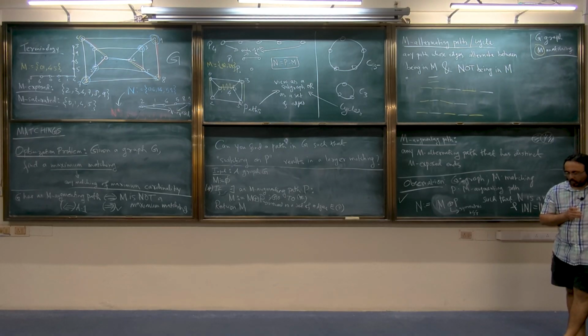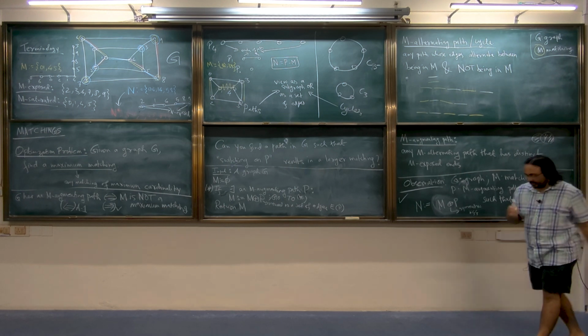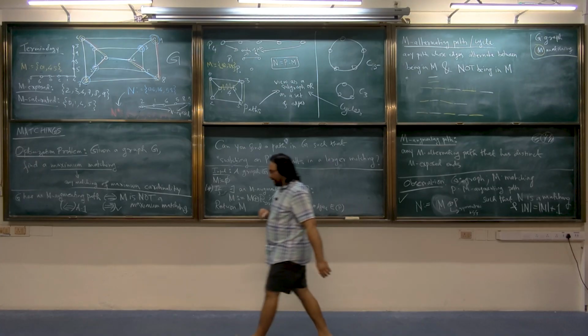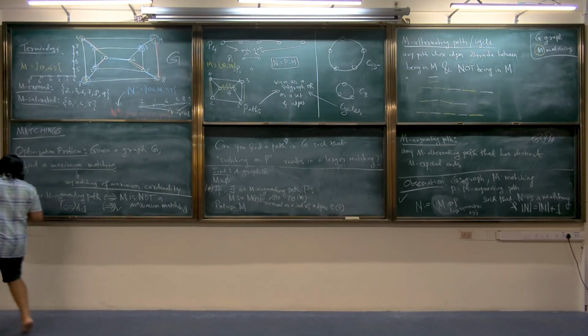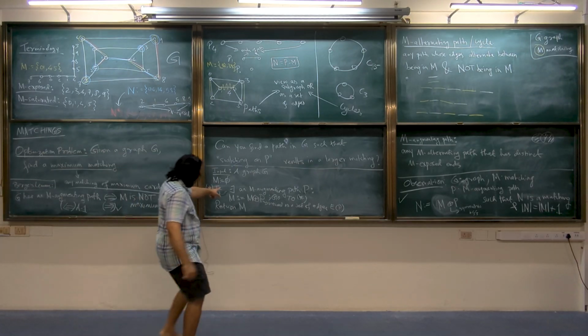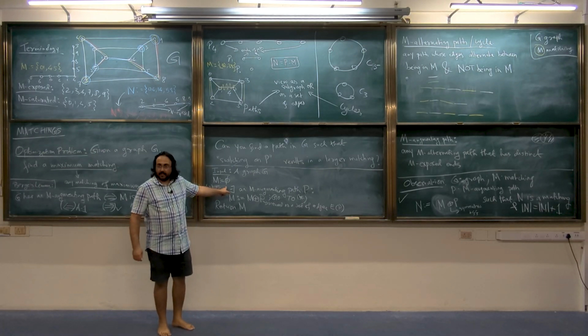So this is actually a result by Berge. Berge's Lemma. Not very difficult to do, as you will find out on the assignment. Okay. So therefore, this is a correct algorithm.